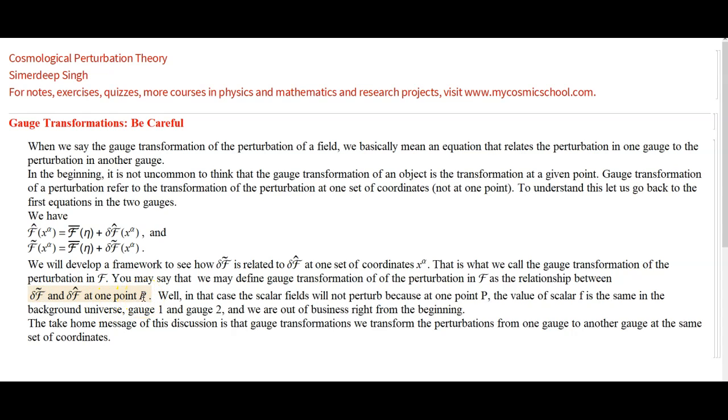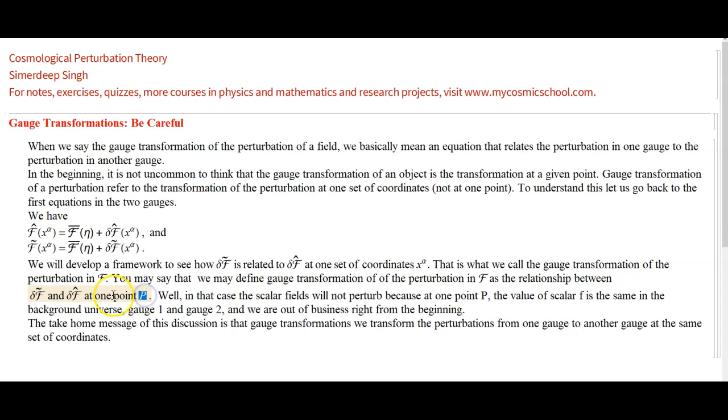So to begin with, there is no perturbation at all. If we define our perturbations to be the difference in values at one point P, there is no perturbation at all. But we do not define our perturbations like that.